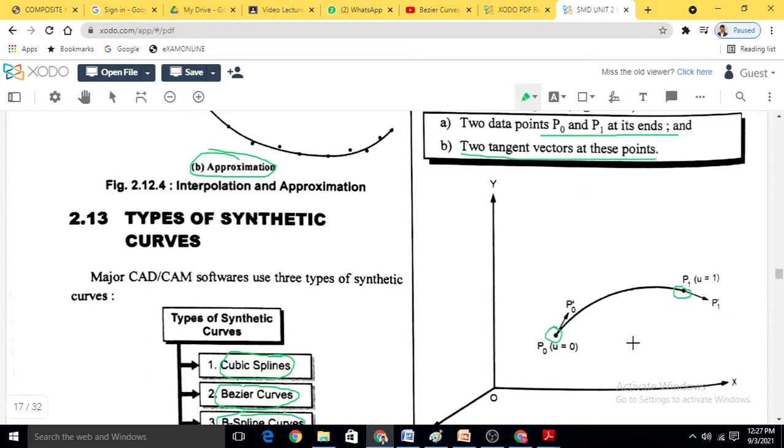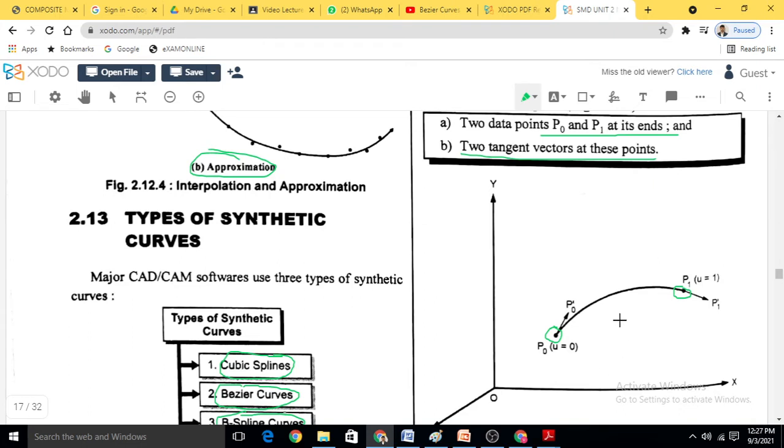P0 and P1. At point P0, u is equal to 0 and at point P1, u is equal to 1. So these are the two main things that we require to represent the cubic spline curve or Hermite cubic curve.